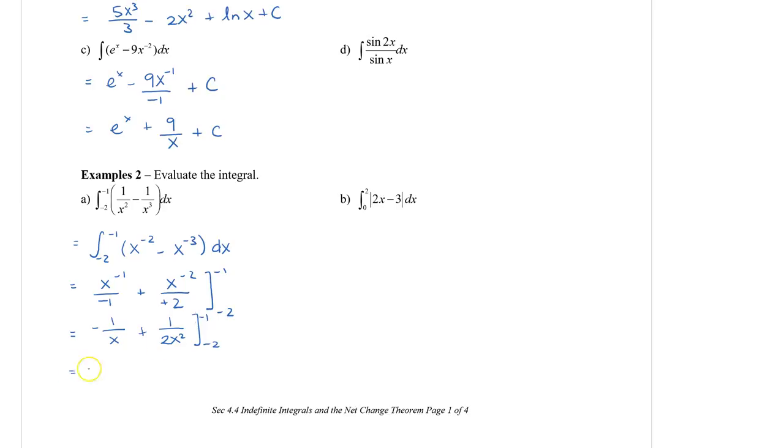All right, so we're going to plug in negative 1 first. So when I do that, I get this, plus 1 over, so when I plug in negative 1 here, I get that. And then minus, plugging in negative 2, I get negative 1 over negative 2, plus 1 over 2 times negative 2 squared.